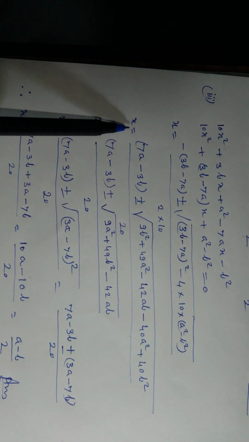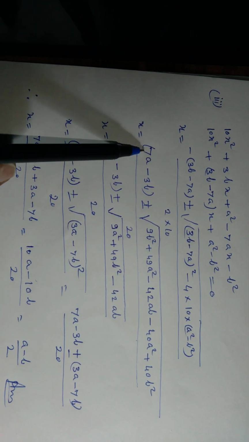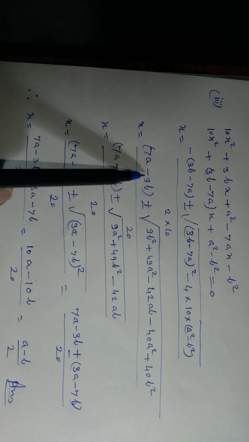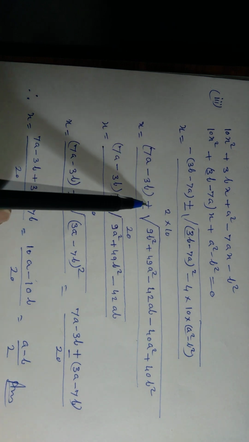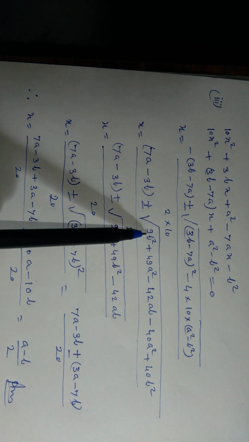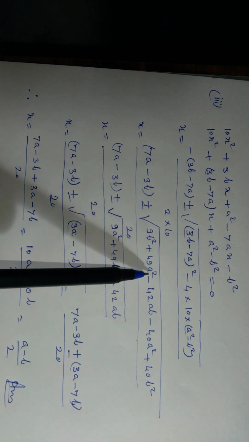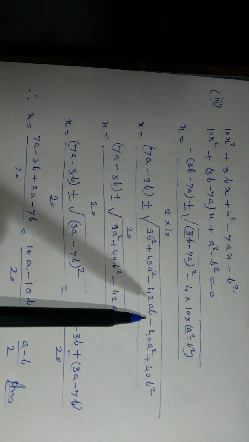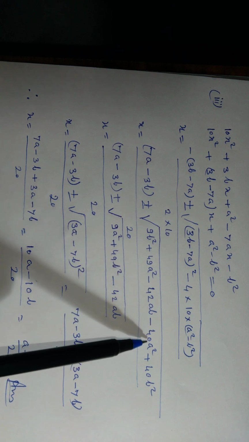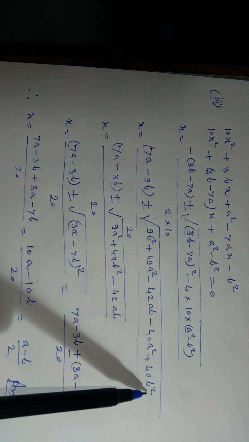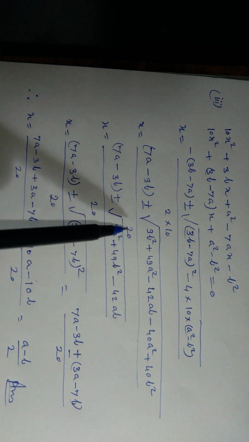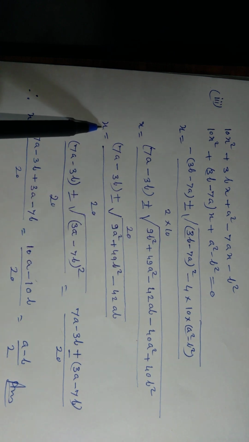This will be equal to x equal to (7a − 3b) ± √(9b² + 49a² − 42ab − 40a² + 40b²) divided by 20. Now again solve.